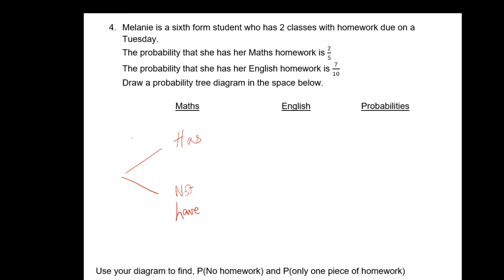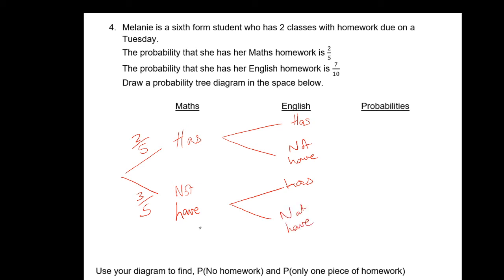If she has her homework, that's 2/5, which means the rest has got to be not have, which is 3/5. Now, she could have her maths homework and have her English homework, or she could have her maths but not have her English homework. Or she could not have her maths but have her English. Or she could not have her maths and not have her English.